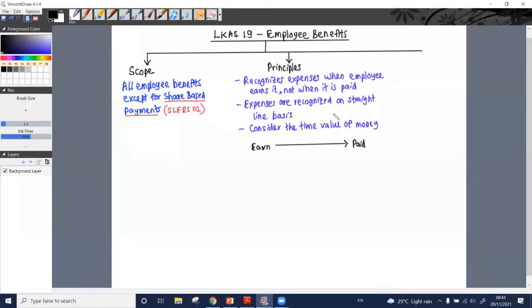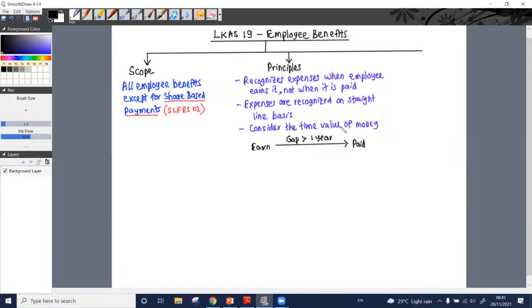So if there is a gap of more than 1 year between the earn date and the payment date, then we need to consider the time value of money.